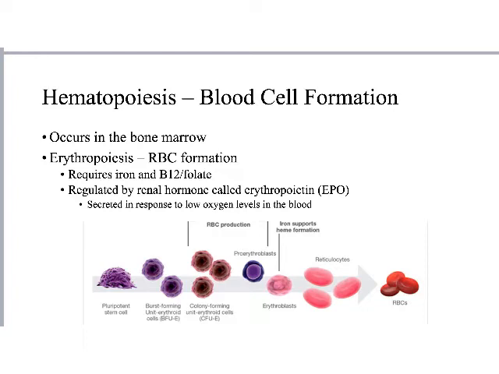We can split hematopoiesis, which is the formation of blood in general, into the formation of specific blood cells. So if we want to talk about the formation of red blood cells specifically, we call it erythropoiesis. And that erythro, again, just means red, and poiesis means to form. So we've got the formation of new red blood cells. And that is going to occur in the bone marrow, as I mentioned.